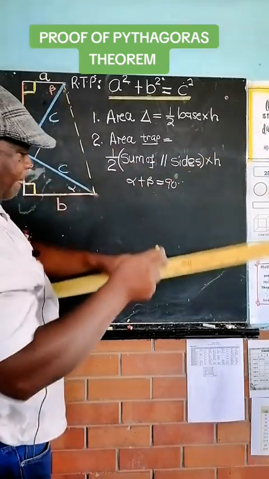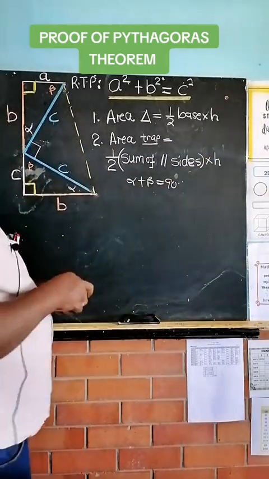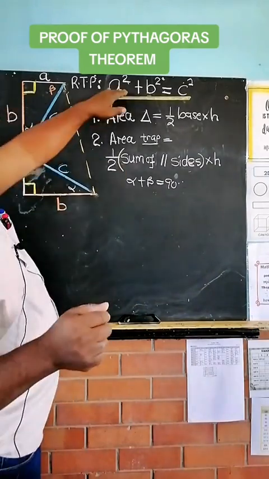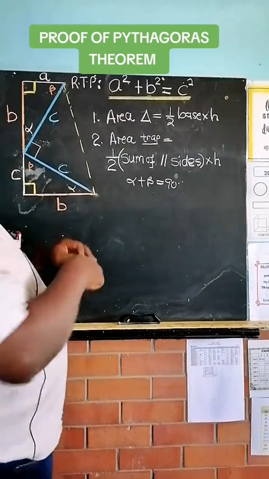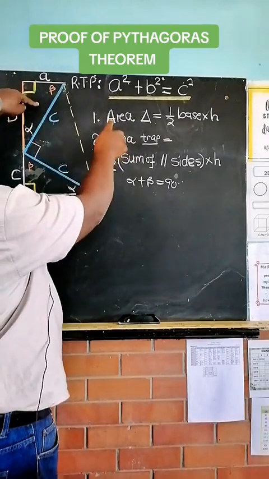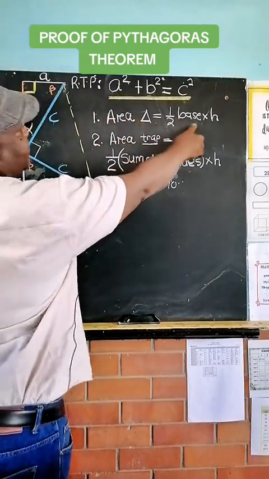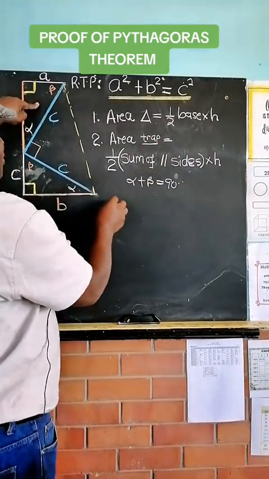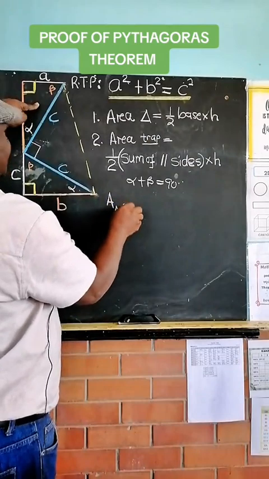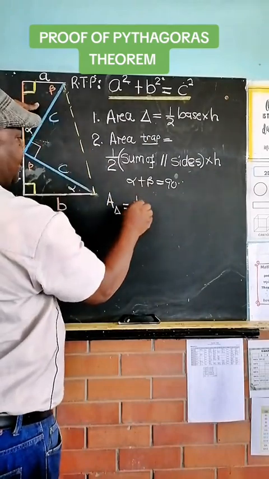We are going to use the concept of area to prove this theorem. So let us focus on this triangle here. We are going to use the formula area of a triangle is half base multiplied by height. So area of this triangle here will be half base times height.